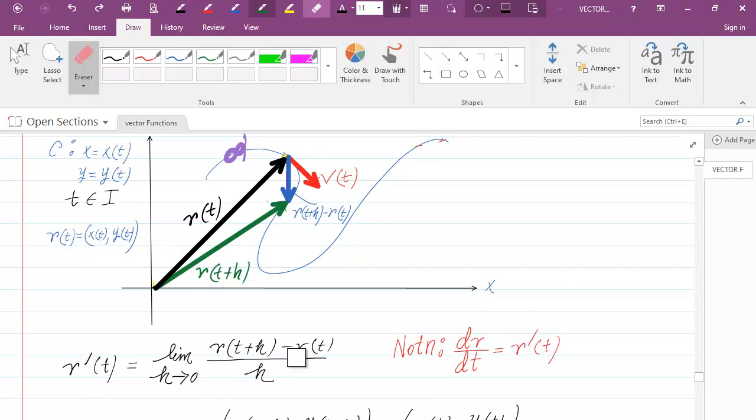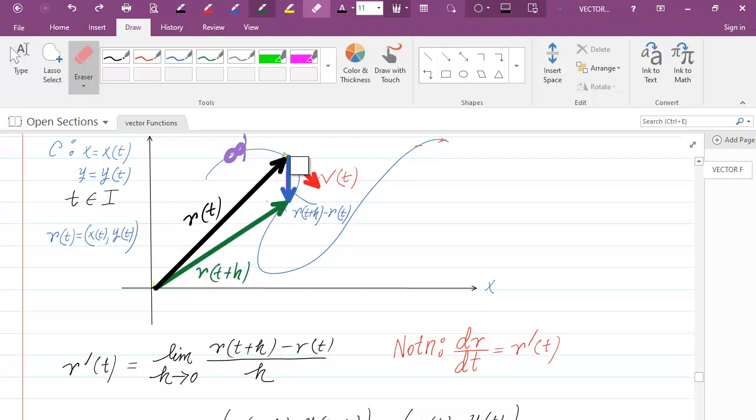Now let's see what this limit is in our picture here. r of t is the position of the bug at time t, and then r of t plus h is the position vector at time t plus h. Then notice what r of t plus h minus r of t is. It would be the green vector minus the vector in black.